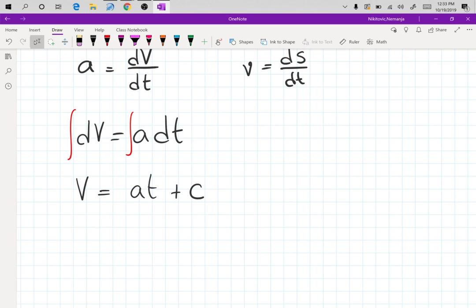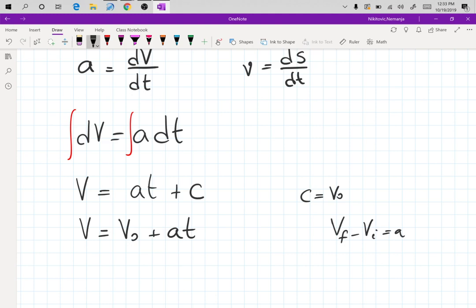Now you call that constant c initial velocity, and you get your physics formula. Final velocity is initial velocity plus acceleration times time, which you might have learned as Vf minus Vi equals at. I'm not sure which way you learned in physics, but that's the physics formula.